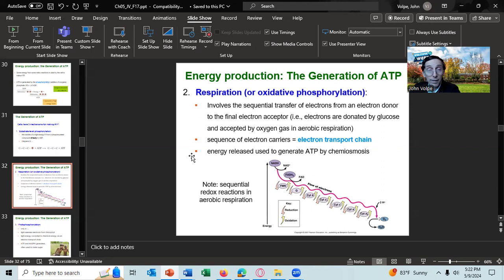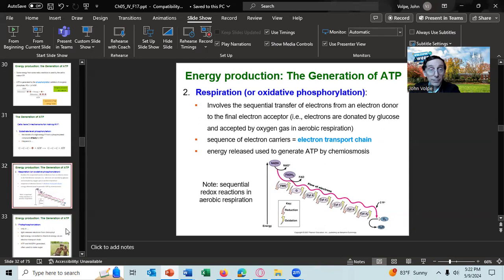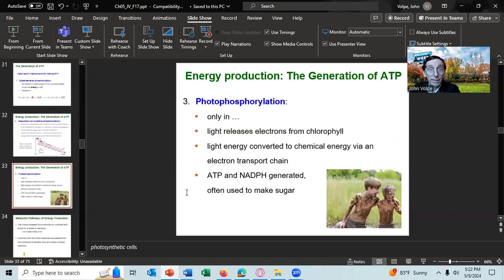So the first way was substrate level phosphorylation. The second way is respiration. The third way is photophosphorylation. The third way is only seen in photosynthetic cells, where light energy releases electrons from chlorophyll.